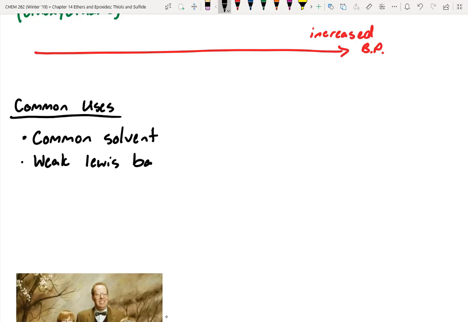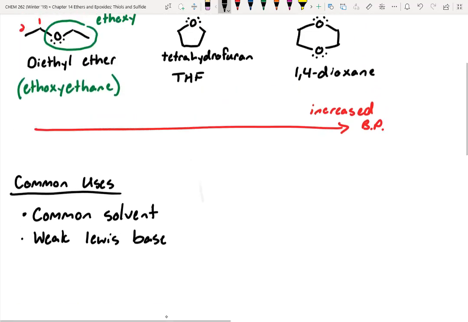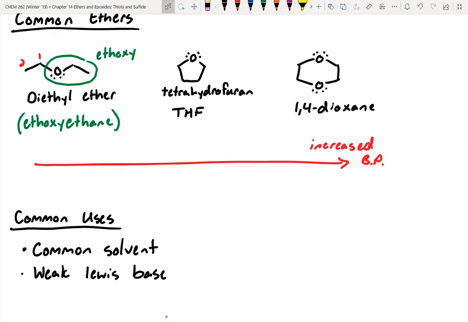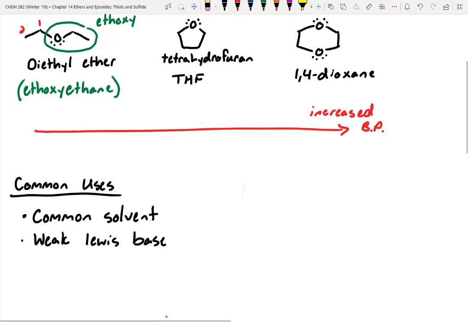And why do you think that is? What is a Lewis base, first of all? It's an electron donator. So if we go back up and we look at these, all of the oxygens have lone pairs that can be donated. That's why, for example, you see THF paired with borane, BH3, because it'll form this Lewis acid-base adduct with borane and help stabilize it. So it's useful in coordination chemistry.